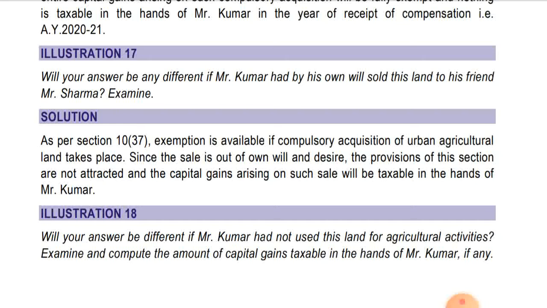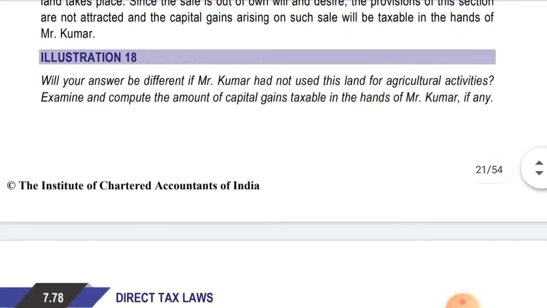As it has been sold on his own will, no exemption will be given under section 10(37). Since the sale is out of own will and desire, the provisions of this section are not attracted and capital gain arising on such sale will be taxable in the hands of Mr. Kumar. Okay. Now illustration number 18.